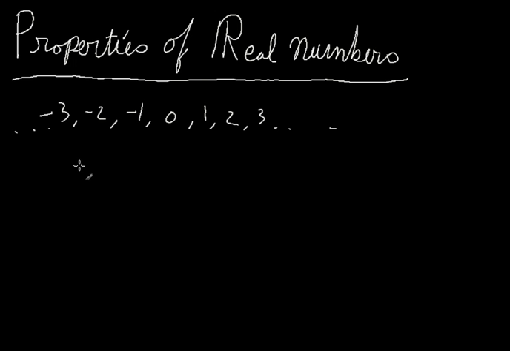This also includes numbers like 1/2, which can be represented as 0.5, so that's included. But it also includes numbers like √2, √3, so irrational numbers. All of these are included in real numbers, and so all of these properties will include all of these numbers. All of these numbers act that way.